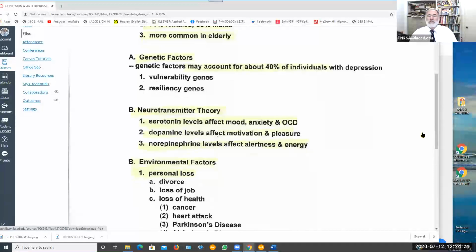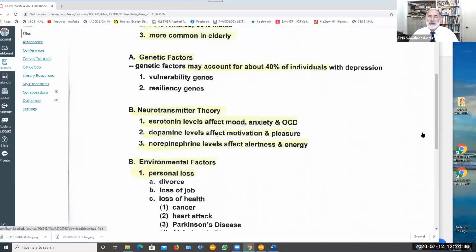There is a theory called the neurotransmitter theory. There are a number of different neurotransmitters in our brain, and it's believed that imbalances in these neurotransmitter levels may lead to different types of emotional and behavioral states, including depression. The three major neurotransmitters that you should have some appreciation for are serotonin, dopamine, and norepinephrine.